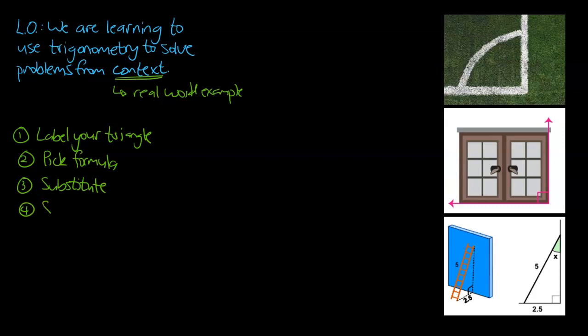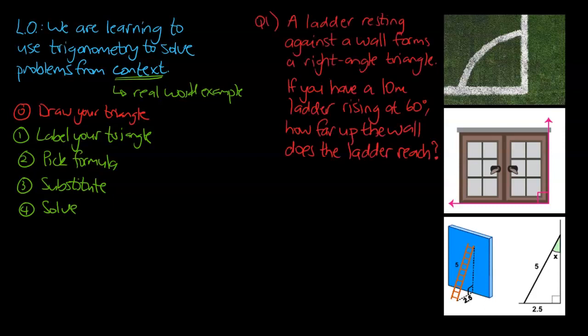And finally, you can go ahead and solve. When you're dealing with context, there's going to be a step, we'll call it step 0, sitting before it. You're going to have to draw your triangle. Sometimes the triangle is not always obvious, and we're going to go through one or two questions to highlight this for you.